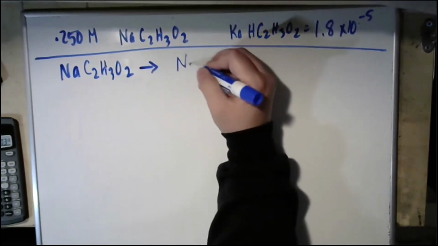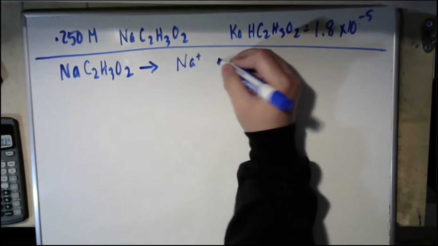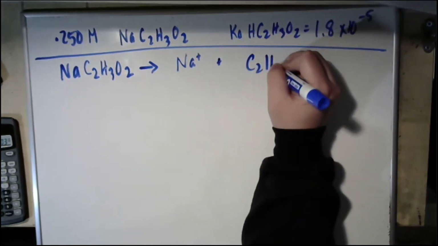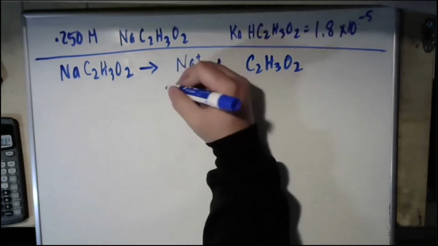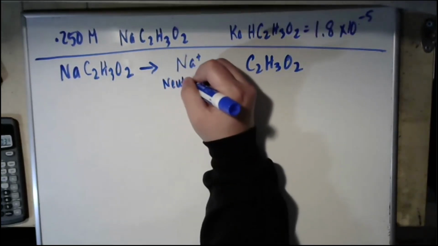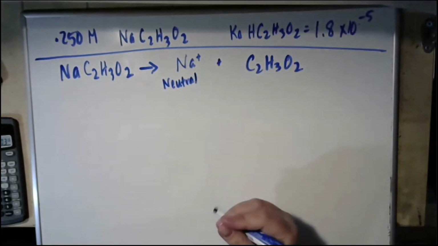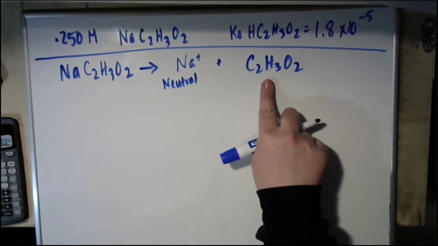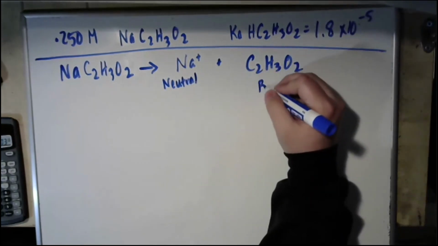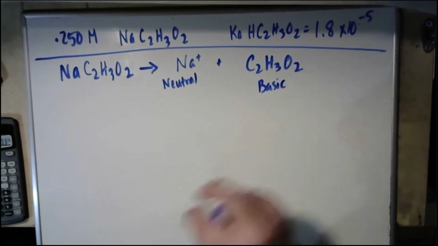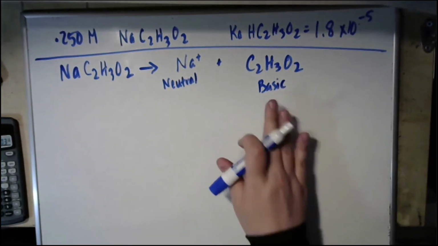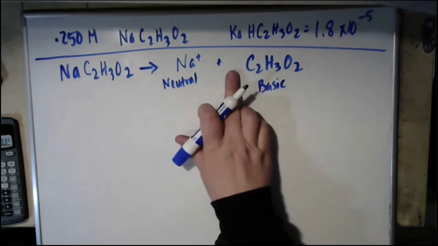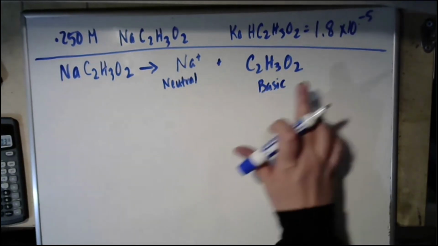We see that it forms a sodium ion and an acetate ion. This sodium ion is going to be neutral because its counter ion is a strong base. This acetate ion is going to be basic because its conjugate is a weak acid, and weak acids have basic conjugates.